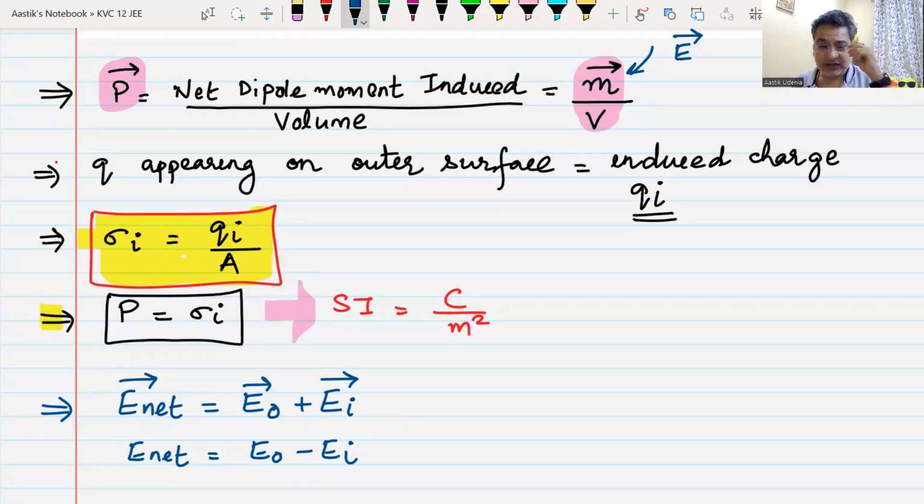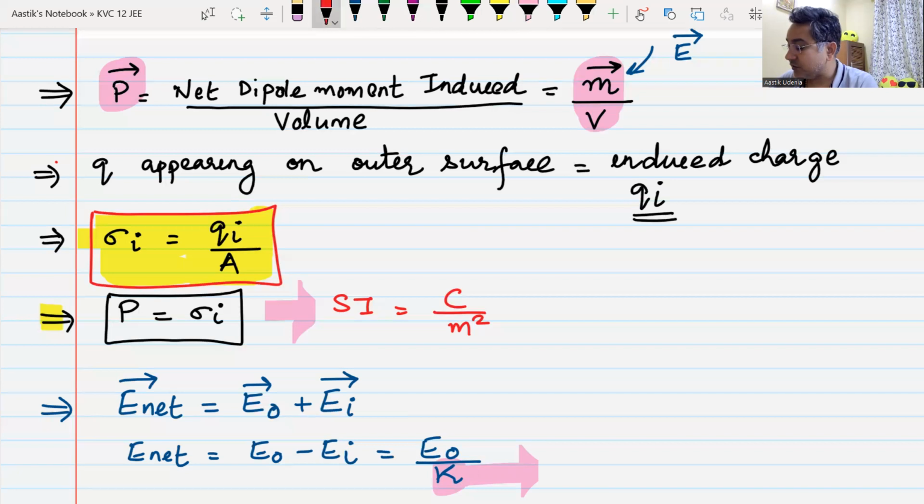Now we have found out that the net electric field inside this dielectric is equal to the external field E naught divided by a constant K. Please listen to me very carefully. This net electric field inside the dielectric can be written as E naught divided by K. This K came to be known as your dielectric constant.